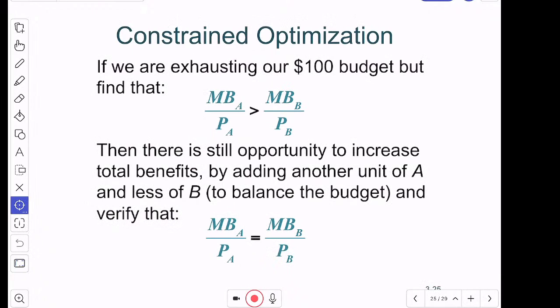So it's the same idea that as long as benefit exceeds cost, you keep on adding units.